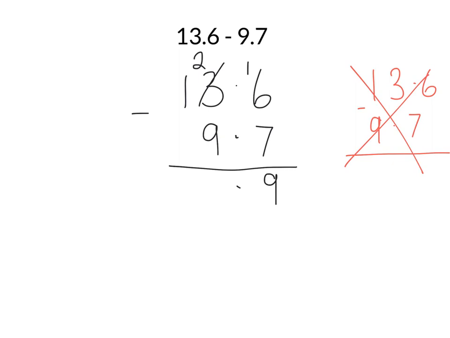Again, I could do that, but it's going to leave me with a negative solution, which we don't want to happen midway through a number. So I'm going to exchange 1 ten for 10 units, and now I can do 12 take away 9 to give me 3.9. So that was a video just recapping some key written methods for subtraction here at Blackwood Comprehensive School.